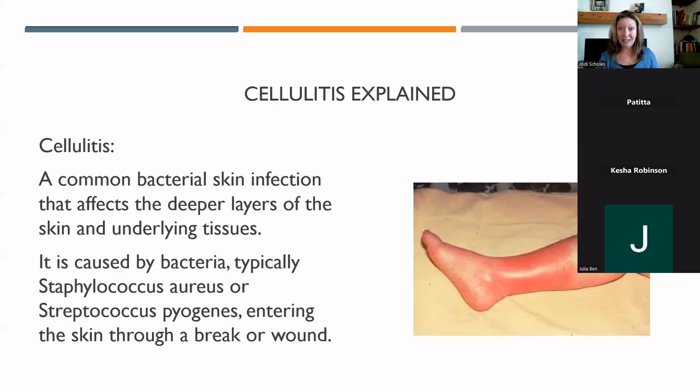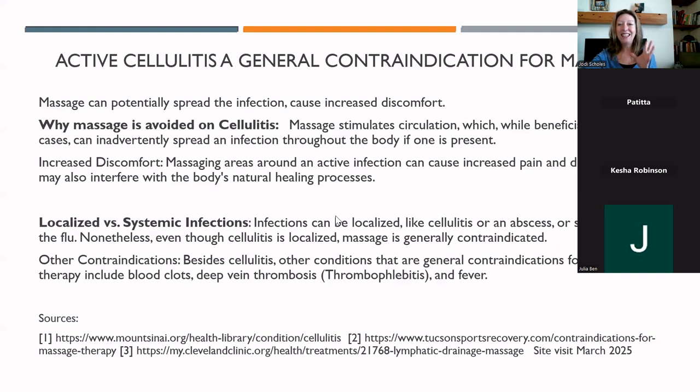Cellulitis is a bacterial skin infection, which means a bacteria from the outside got into some layers of the skin, so skin and the underlying tissues, and the body is fighting that bacteria. It's typically some type of strep bacteria, streptococcus, but it enters through a break in the skin or a wound. And cellulitis is a contraindication for massage.